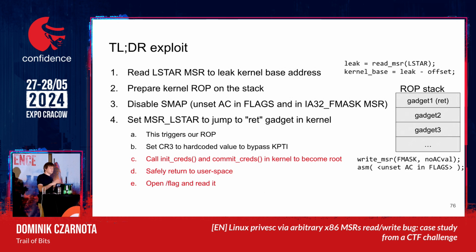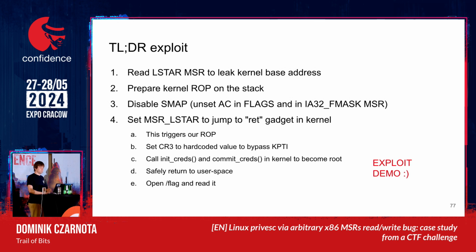But it's pretty straightforward, because the CR3 between the kernel and user part is just changing 1 bit or something. So if we know one of them, then we know the other one, which means we just have to hard code one value or compute one value of this physical address of page tables that we put in CR3. So let's demo the exploit.